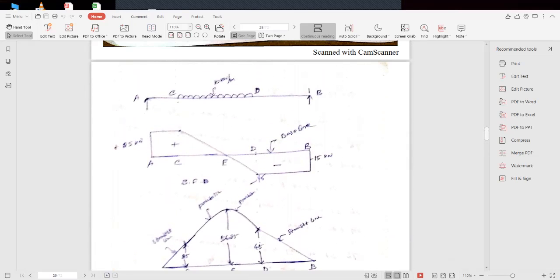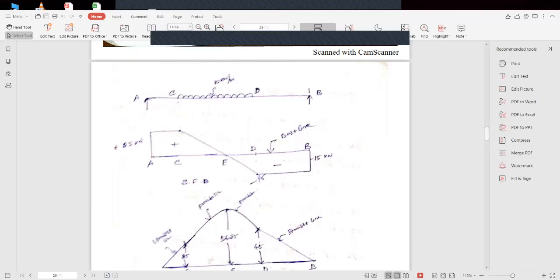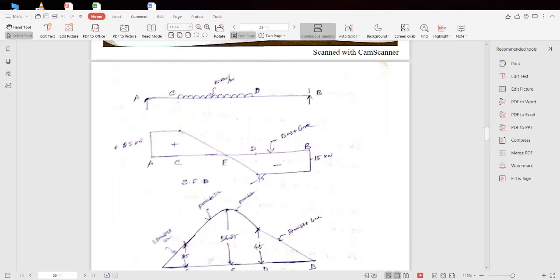So here you can see in this diagram, suppose I am taking the section here, right? So this load is acting 10 kilonewton. I am taking the section XX.